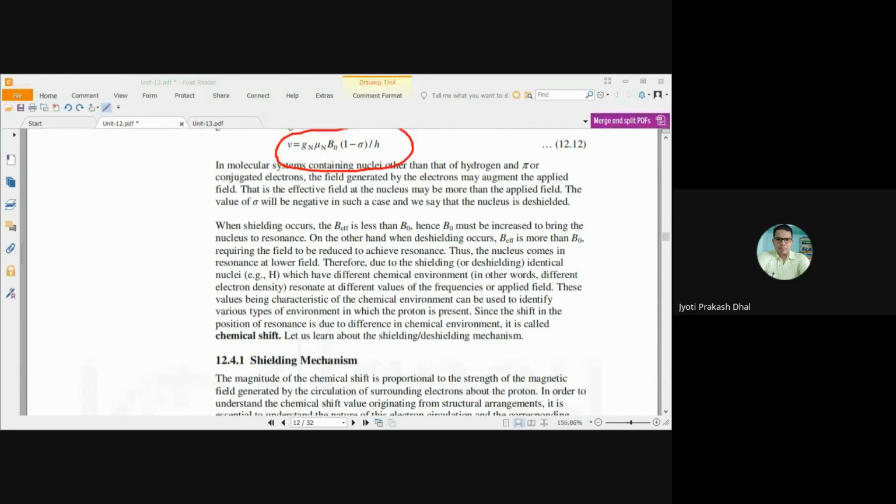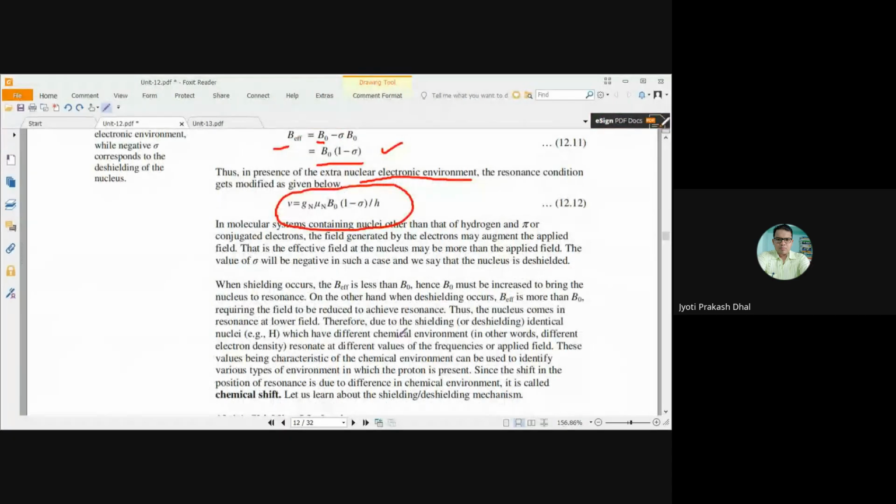Okay, so we'll start now. Here we have modified that. For a bare nucleus, the value of nu equals Gn mu n B naught by h.